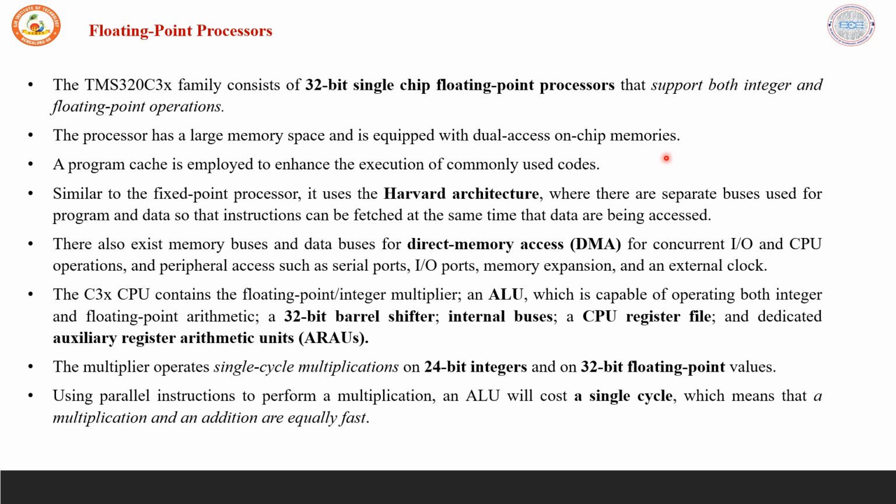The meaning of the term dual access is that at a time it is capable of referencing two operands. This is optional. Either you can go with single access or you can perform dual access. A program cache is employed to enhance the execution of commonly used codes.